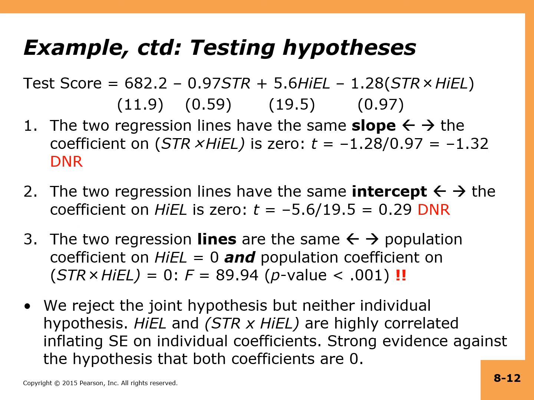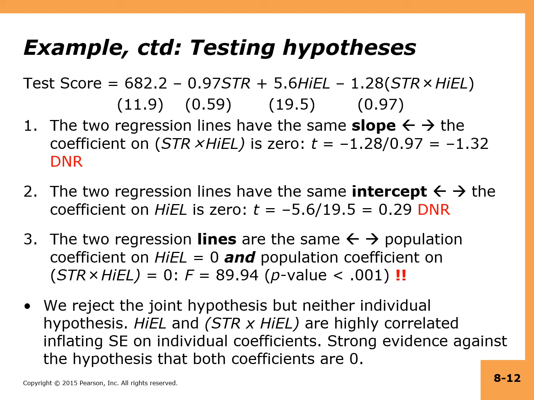So let's talk about testing 3 different hypotheses. The first hypothesis that we want to test is that both school districts, regardless of whether they have a high percentage of English learners or a low percentage of English learners, have the same effect of student to teacher ratio on test score.